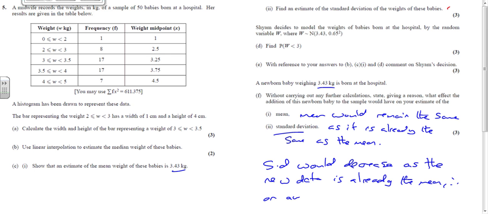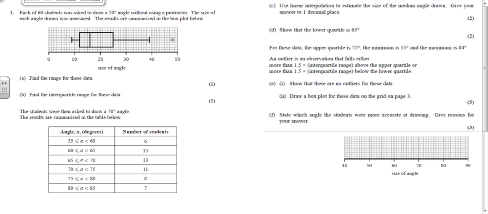Therefore, on average, the data would vary from the mean less. And that's how you answer that question.